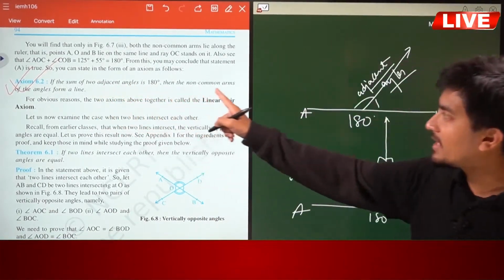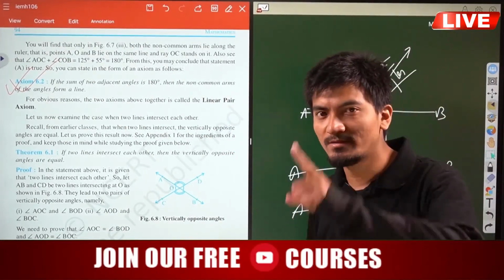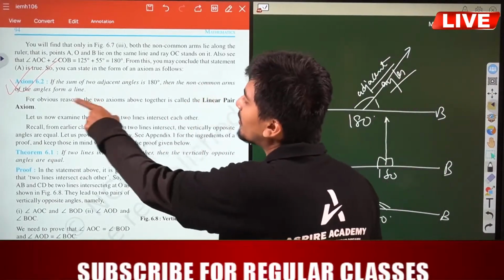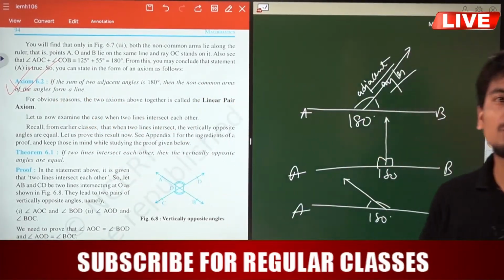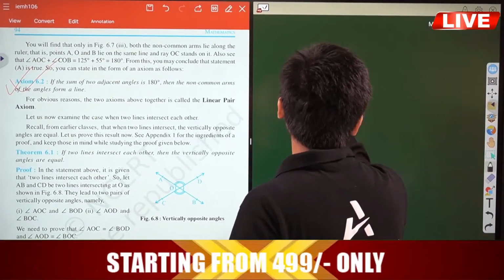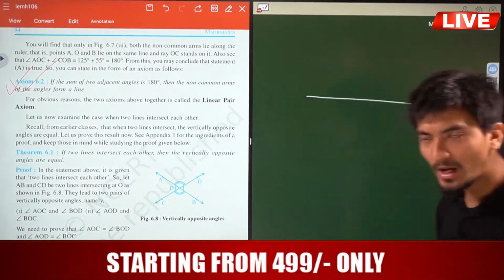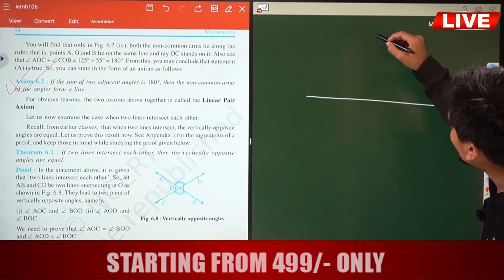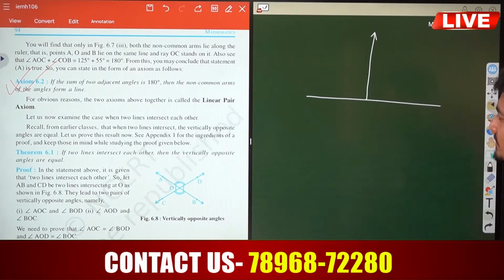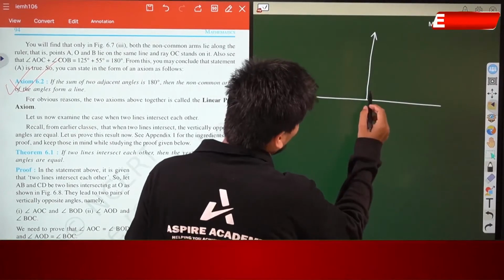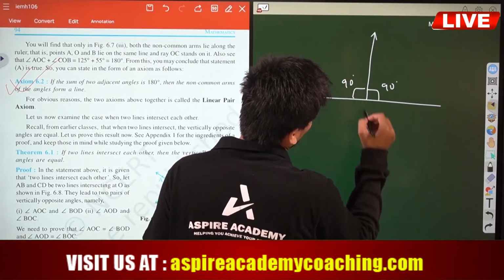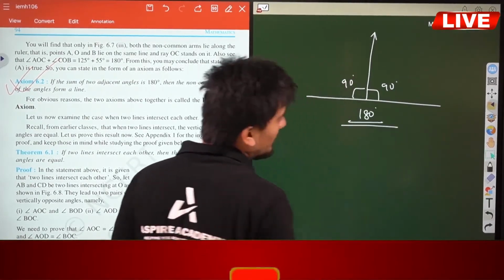So say this is a line, and a ray stands on this line, and the adjacent angles are such that this is 90 degrees plus this is 90 degrees. So it becomes 180 degrees, right?